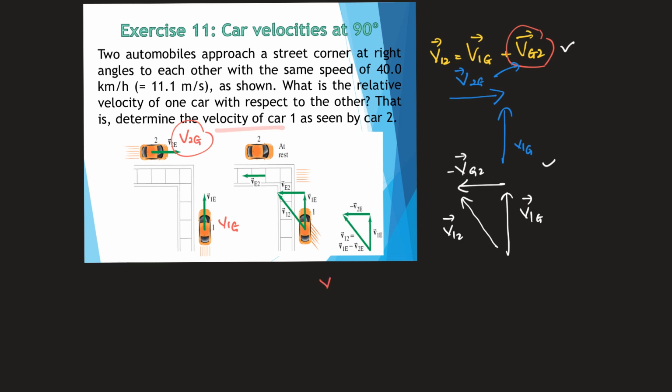So the velocity v12 that you need to find is going to be the square root of 11.1 squared plus 11.1 squared, and you are going to get 15.7 meter per second. That's how you solve for the two-dimensional relative velocity.